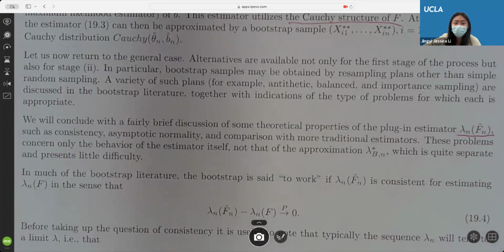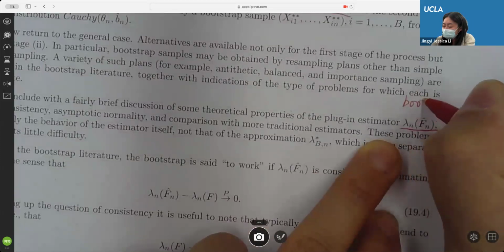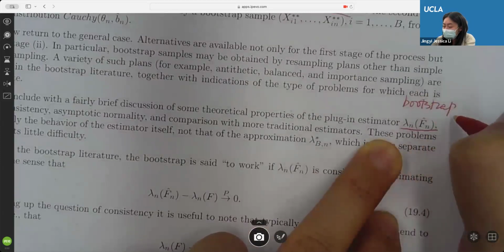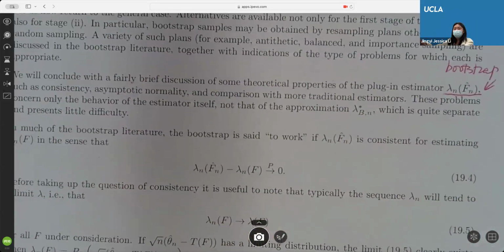These problems concern only the behavior of the estimator itself, not that of the approximation, which is quite separate and presents little difficulty. So essentially, from now on, when we say bootstrap or bootstrap theory, we talk about this plug-in estimator, whether it is a good estimator or not.